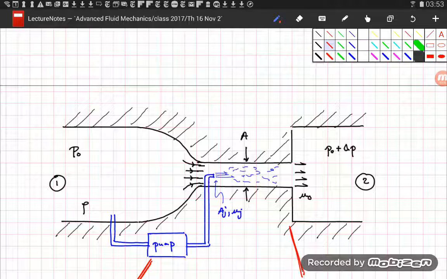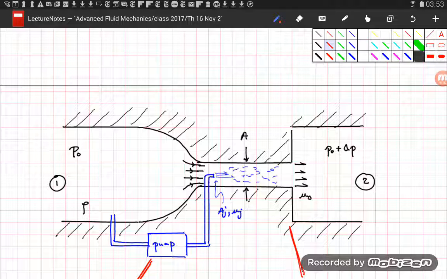So now how do you pick a control volume? Here, usually you want to pick a control volume which is related to the quantities that you are looking for, and you want to pick the bounds of your control volume where you actually know stuff.